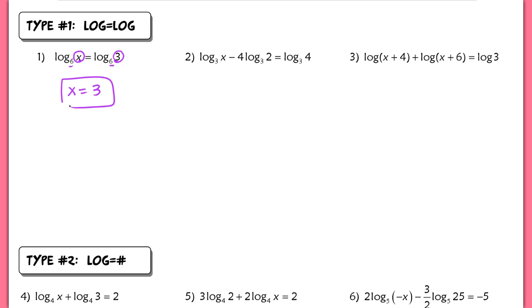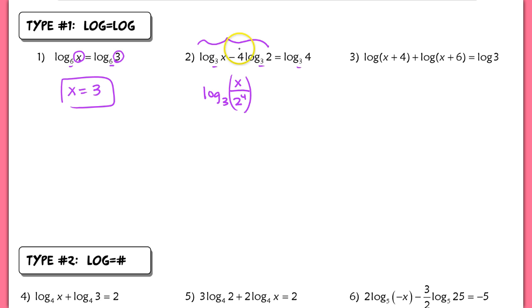Now in number 2, we have logs all with a base of 3, so that's good, but I can't just equate my arguments quite yet. What I have to do here is condense the left-hand side first. So I write that as log base 3 of x over 2 to the 4th power.